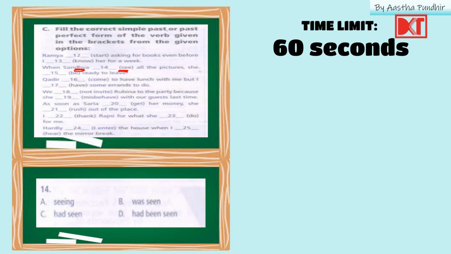When Sandhya had, and we form V3 of see, which is seen. So when Sandhya had seen all the pictures. Now why are we using past perfect? Because this was the action which was completed first, which means Sandhya had first seen all the pictures, right? Then she became ready to leave. All right. So when Sandhya had seen all the pictures, the correct answer is C.